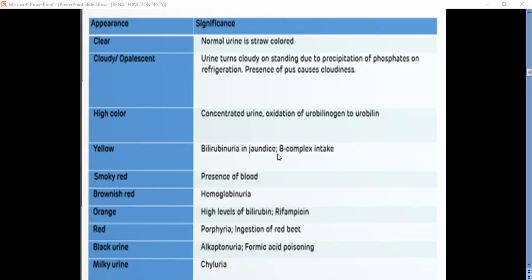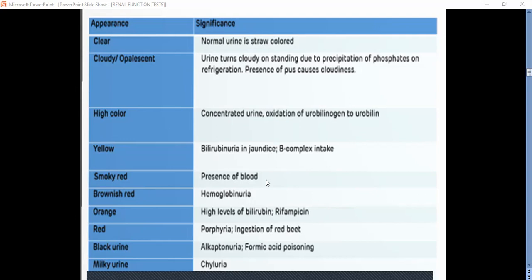In jaundice, a large amount of bilirubin accumulates in the blood and is released into the urine. Intake of B complex or multivitamin tablets also leads to yellow urine. And smoky red urine is nothing but the presence of blood, that is, the hematuria condition.